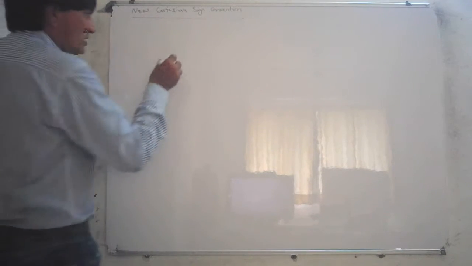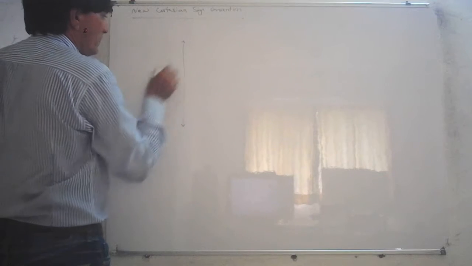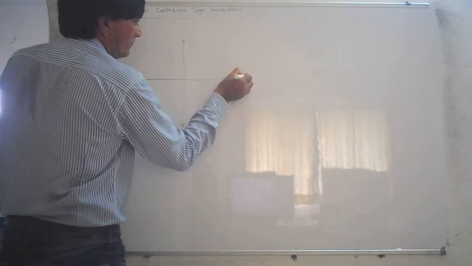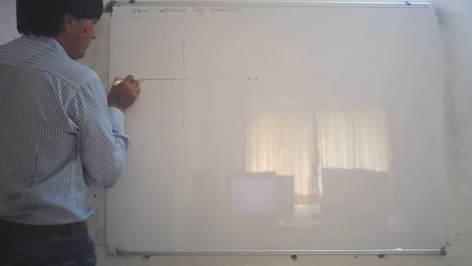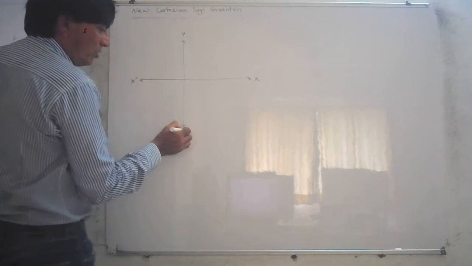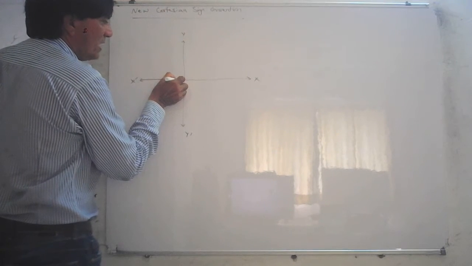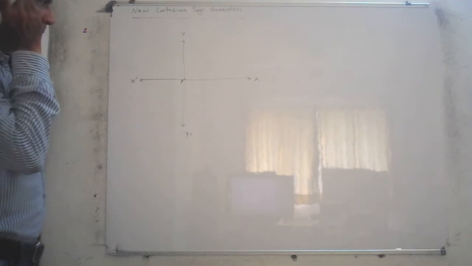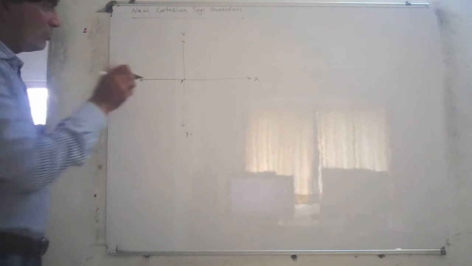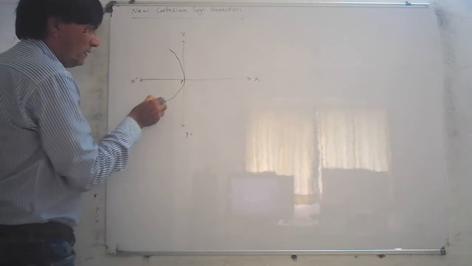All right. Just think about this now. You see, this is your x-axis and this is your y-axis. This is called the origin point. Let us call this point P. P is the origin. Now, if I make a mirror out here, say this way, right?